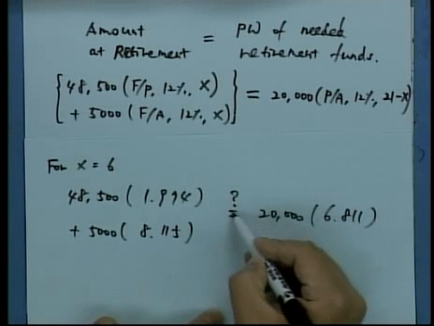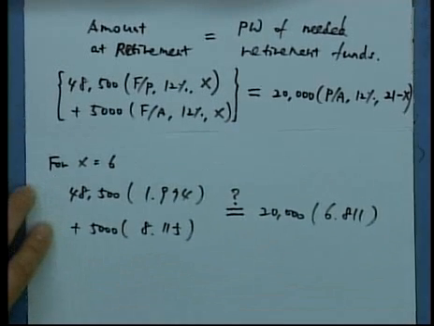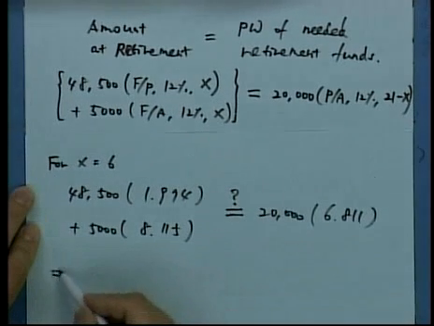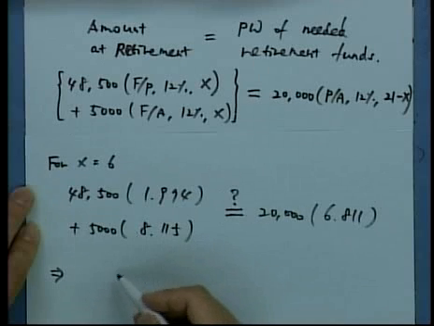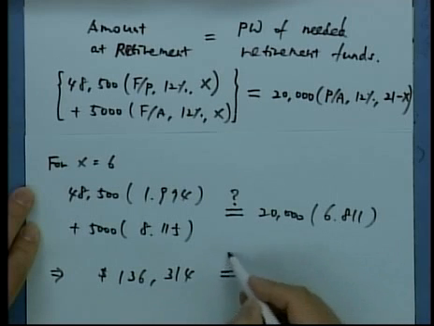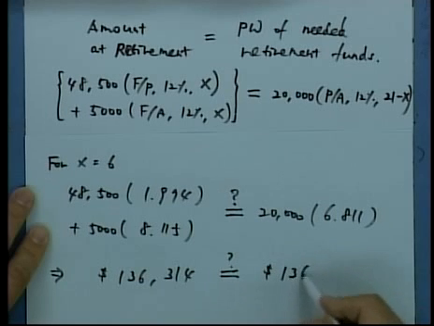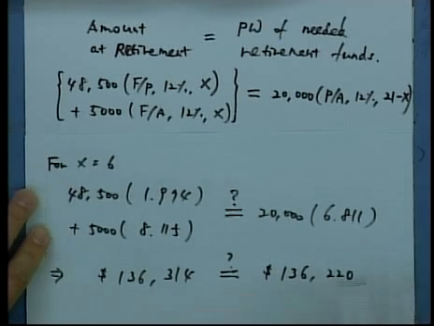We need to check whether the left-hand side is equal to the right-hand side. In this case, the left-hand side is $136,314, and the right-hand side will be $136,220.